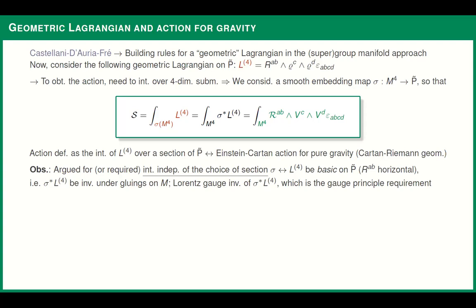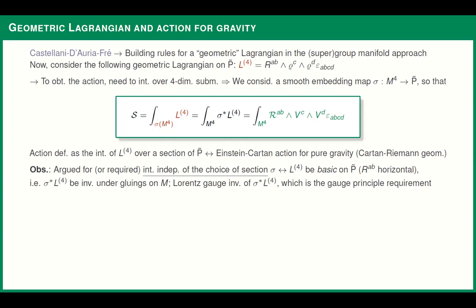And this is precisely the usual expression of the Einstein-Hilbert-Einstein-Cartan action that we are used to see, just written with differential forms. So this is the field and this is the Lorentz curvature. And so the action defined as the integral of L4 on P tilde over a section is exactly equivalent to the Einstein-Cartan action for pure gravity, reproducing the Cartan-Riemannian geometric framework.